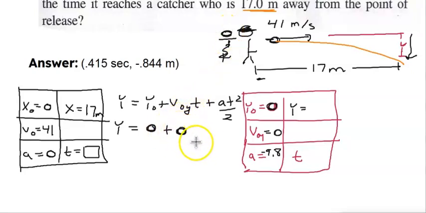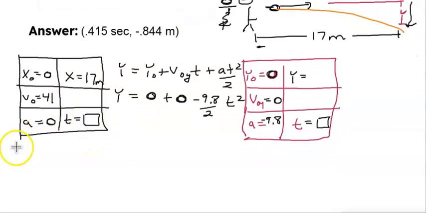V naught in the Y direction is 0. A is negative 9.8 over 2 t squared. And then, oh, psych, Ms. Groppy did it wrong, and I've done these problems a million times. Not a problem. You have two unknowns. That means let's go look at the other column. Let's go look at our horizontal Sudoku and see if we can get it from there.